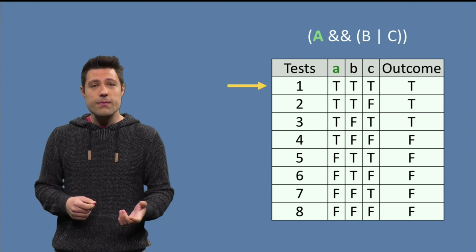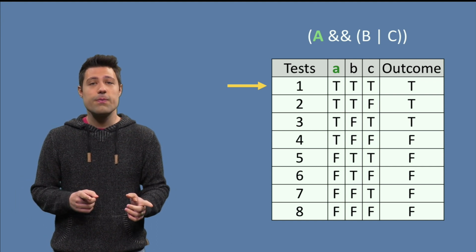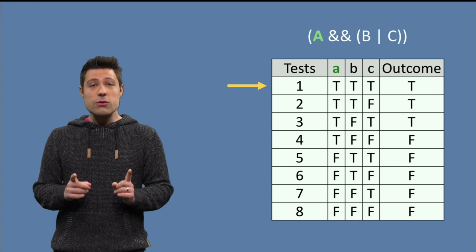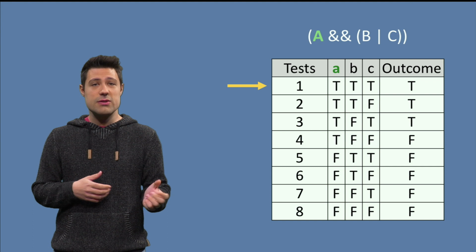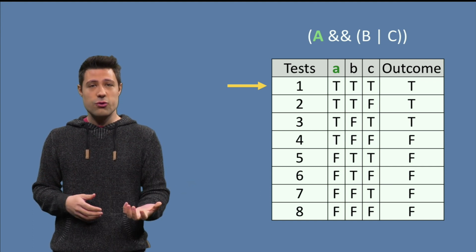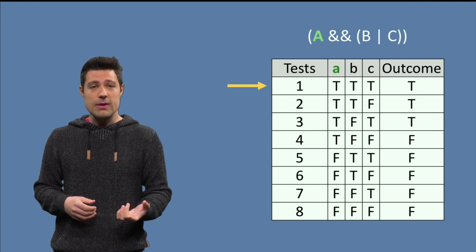In the first row, we see that when A is true, B is true, and C is true, the outcome is true. Okay, now we need to see what happens when we flip A, but keep the other conditions the same, meaning A false, B true, and C true. Let's search for this row in the truth table.